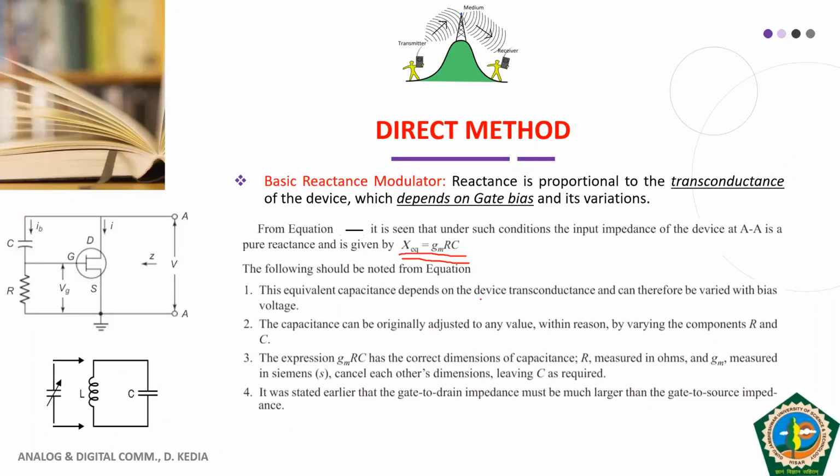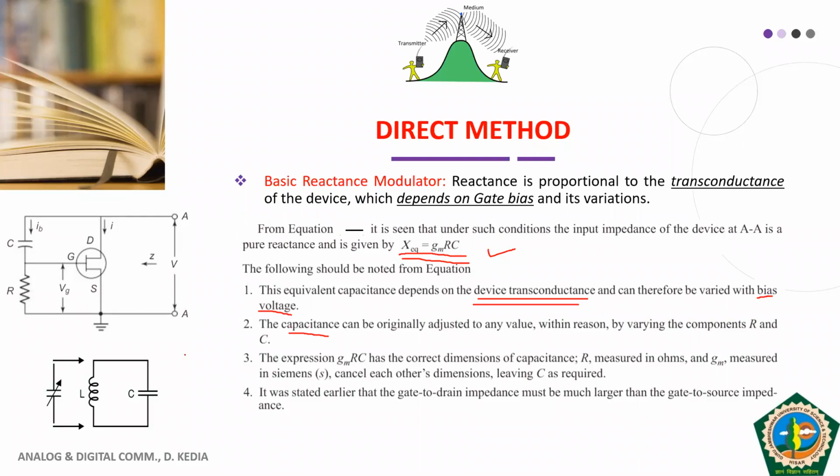Fine, and it depends on device transconductance, which is your voltage variable. So it means this can be varied with bias voltage. So this your equivalent reactance or capacitance is voltage variable. Fine, and we can vary this capacitance depending on our input signal.